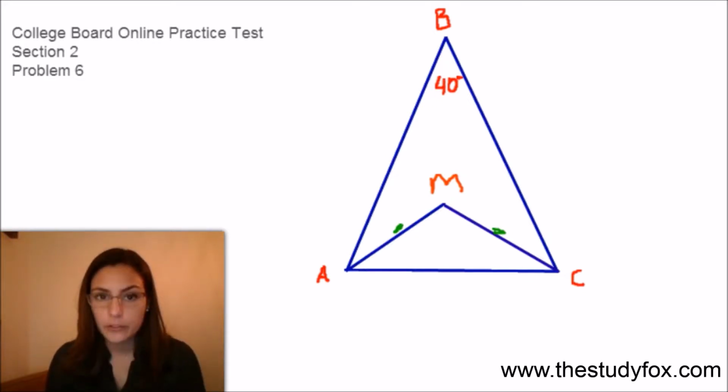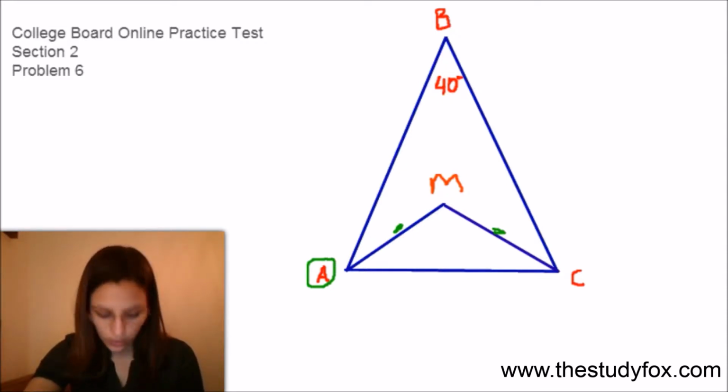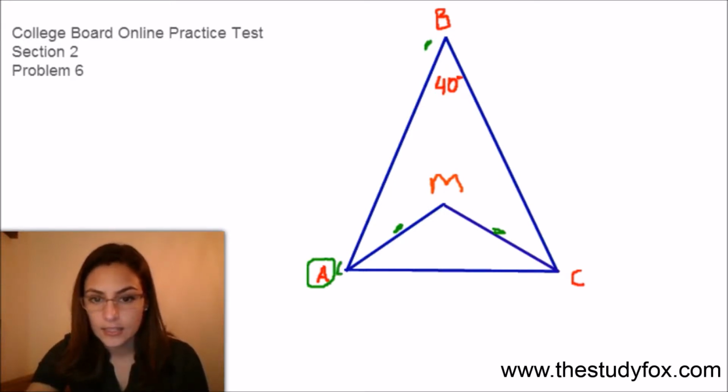With those facts, I can already see that it's an isosceles triangle. The isosceles triangle is triangle BAC, so we're talking about the big triangle, which means angle A has to equal angle C.